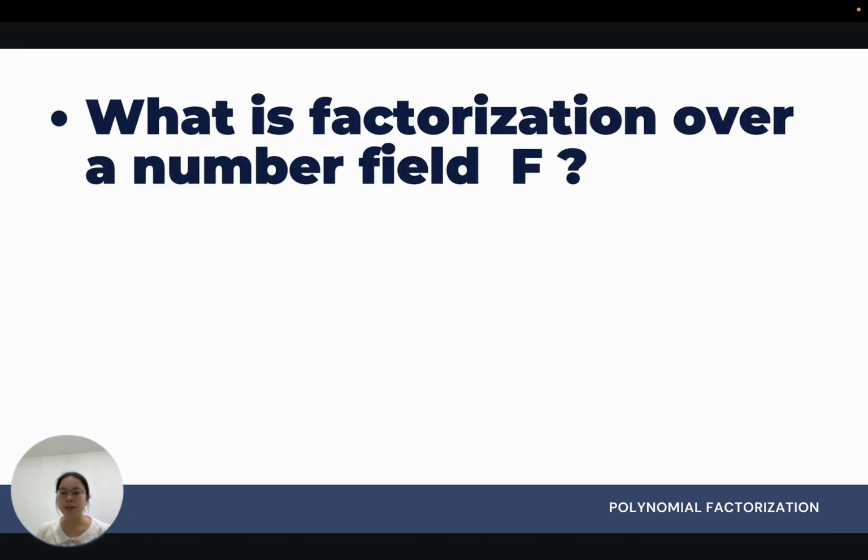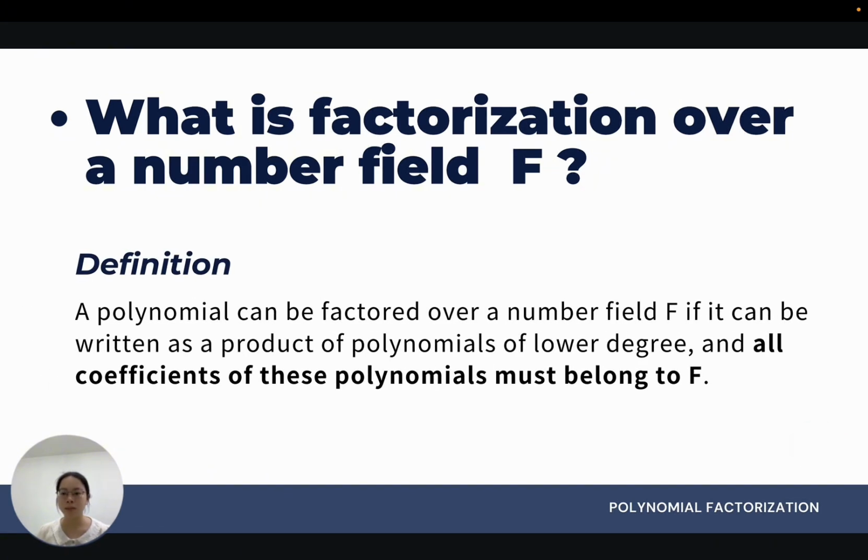So, what does it mean to factor a polynomial over a number field F? Let's take a look at its definition. A polynomial can be factorized over a number field F if it can be written as a product of polynomials of lower degree, and all coefficients of these polynomials must belong to F. Okay, please pay attention to the last sentence.